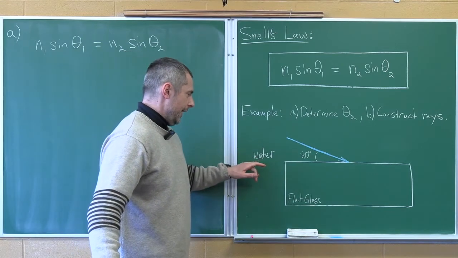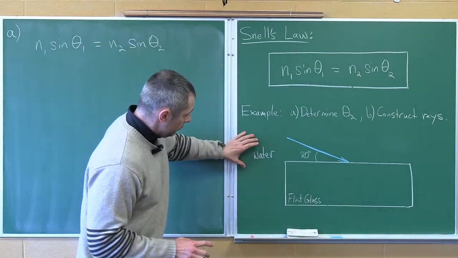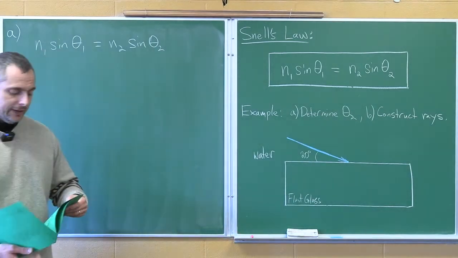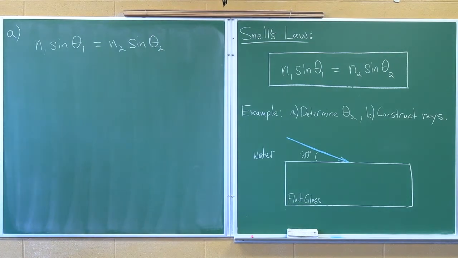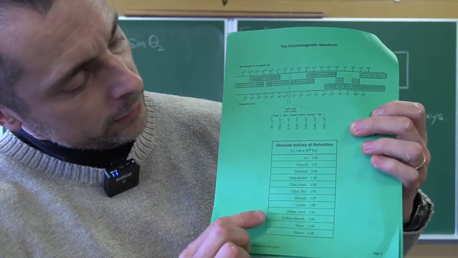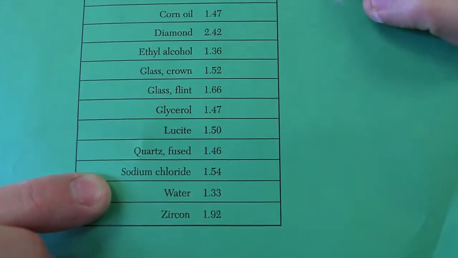So the first thing, N1, the light begins in medium 1, which is water. So we have to find the index of refraction of water. That's page 2 of the reference table. And water is right here, okay, 1.33.